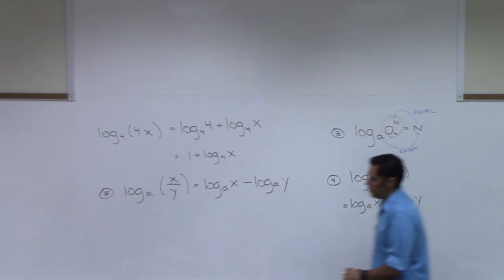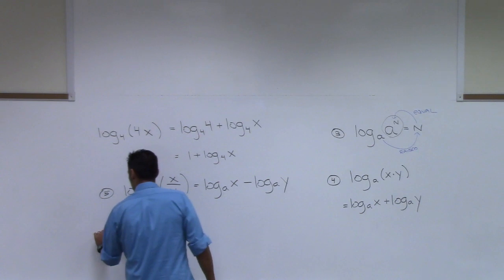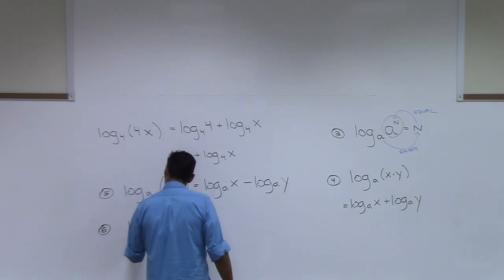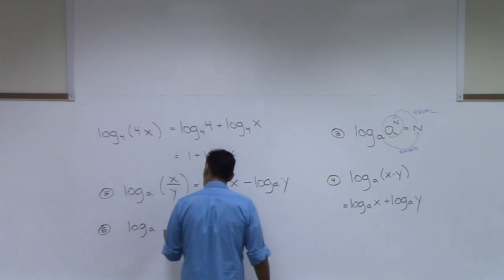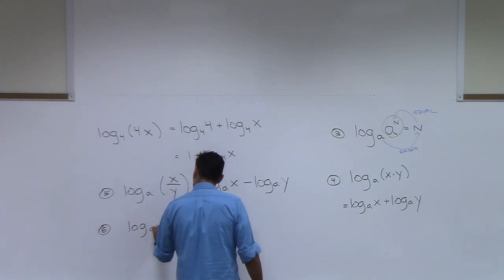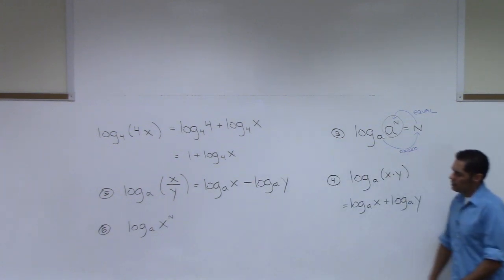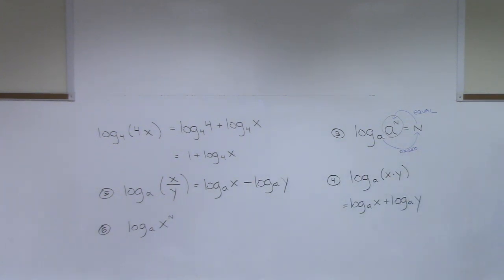Okay, last one. Log base a, oh, I lied, there's one more, sorry. Log base a of x to the n. I want you to look at property 6 and compare it to property 3. Are they the same property?